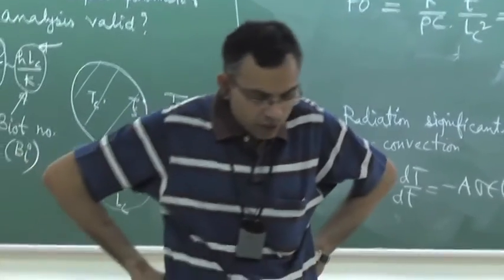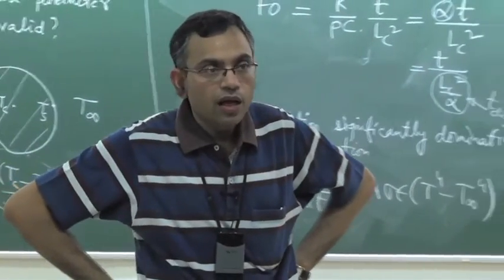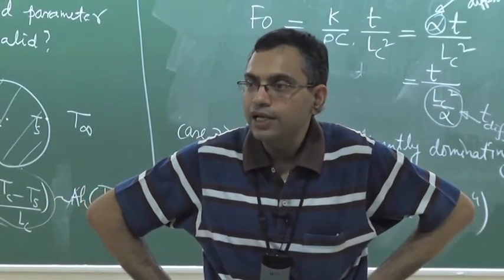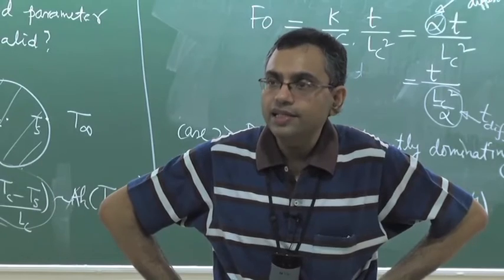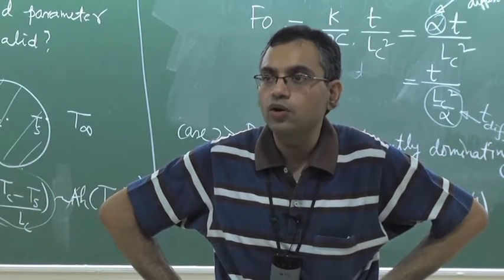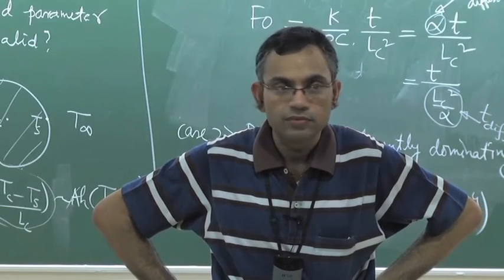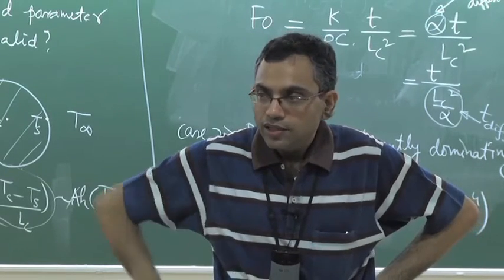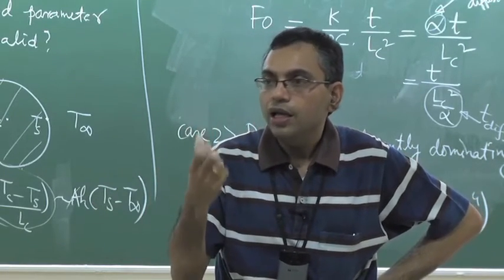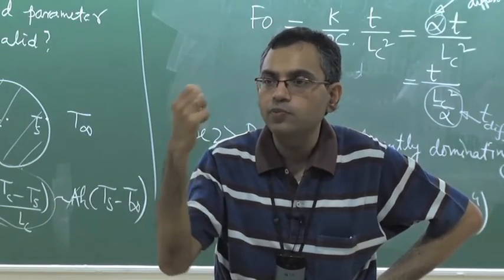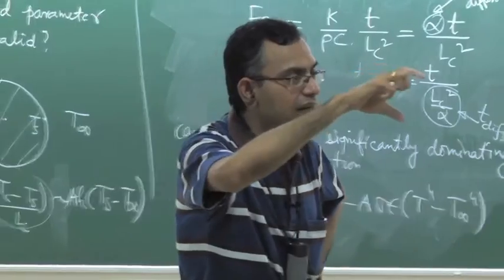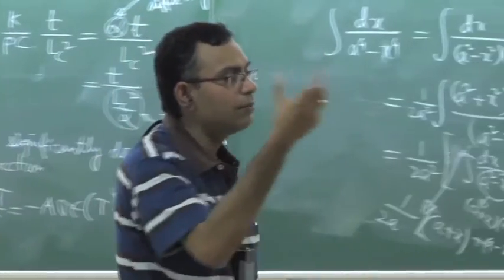Now, let me ask you a question. For the lumped analysis to be valid, is it necessary that the Biot number has to always be small? See, why did we impose the condition of Biot number small? We wanted to make sure that the entire body is at a uniform temperature.